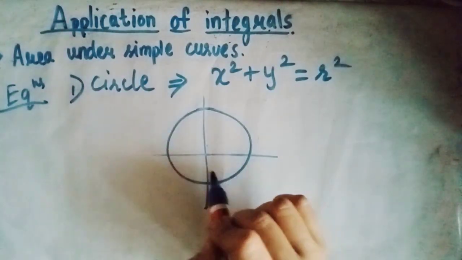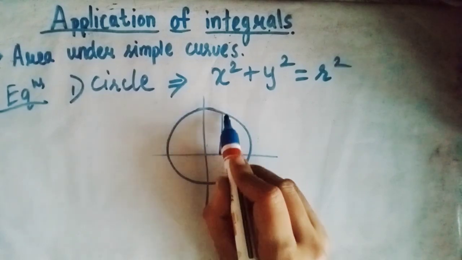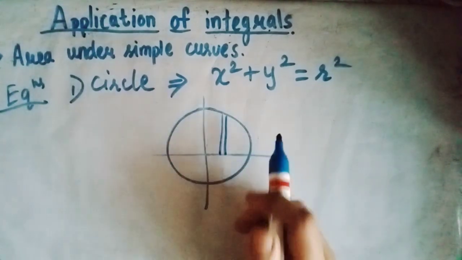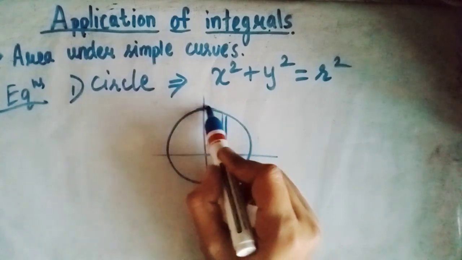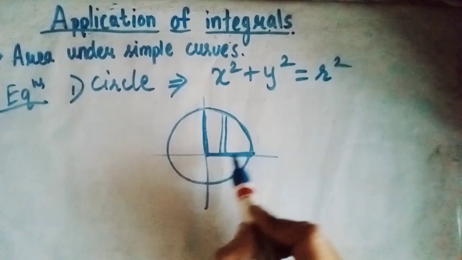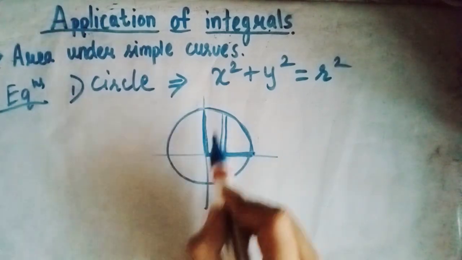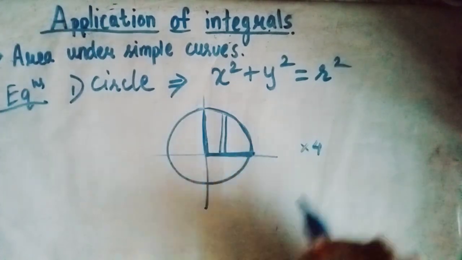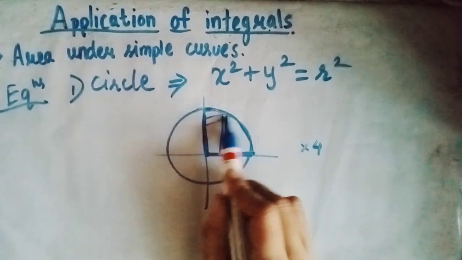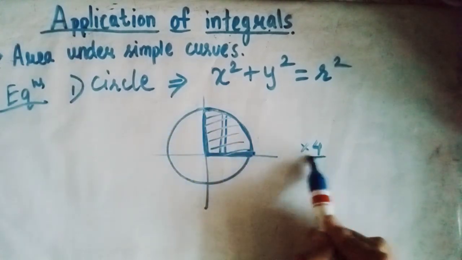For a circle we consider this strip or the horizontal one. One of them you have to consider, and you are considering this part, that is a quarter, right? So to get a full circle, after finding this part you have to multiply it by 4.